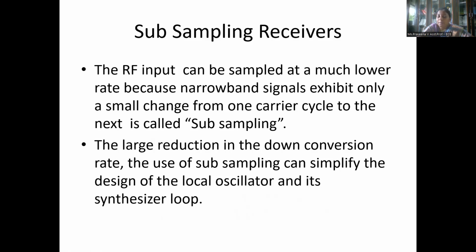Instead, the signal can be sampled at a lower rate while still preserving the required information. In subsampling, the high frequency RF signal is sampled at a lower rate than the carrier frequency. One of the main advantages is a large reduction in the down conversion complexity. That is the big advantage of the subsampling receiver.